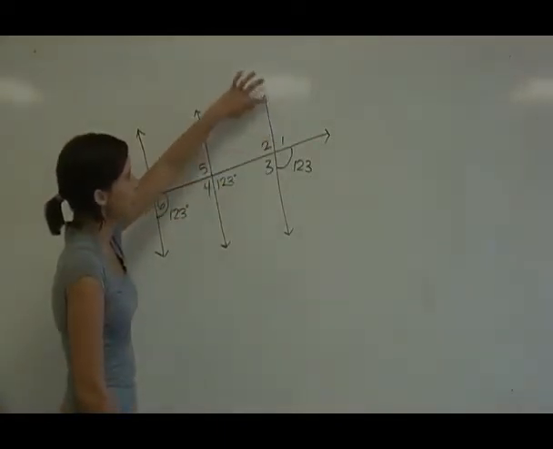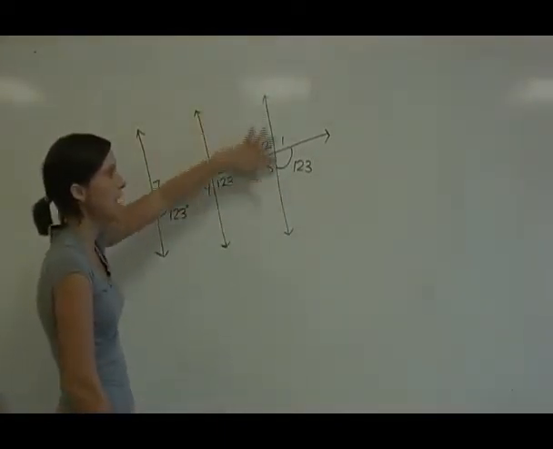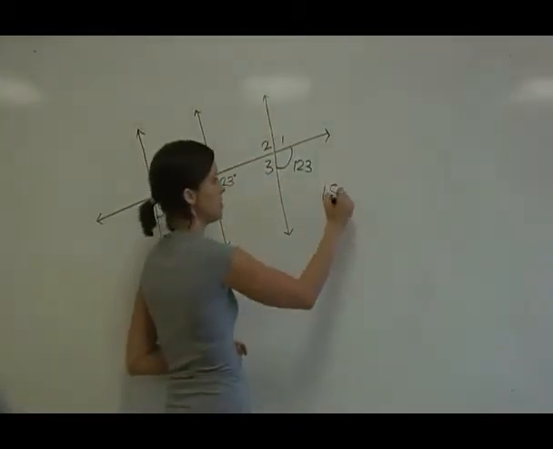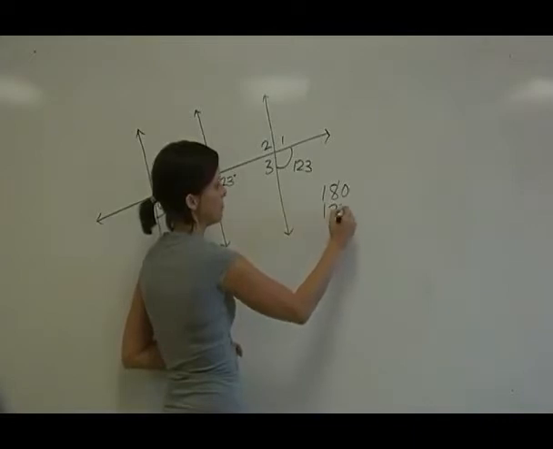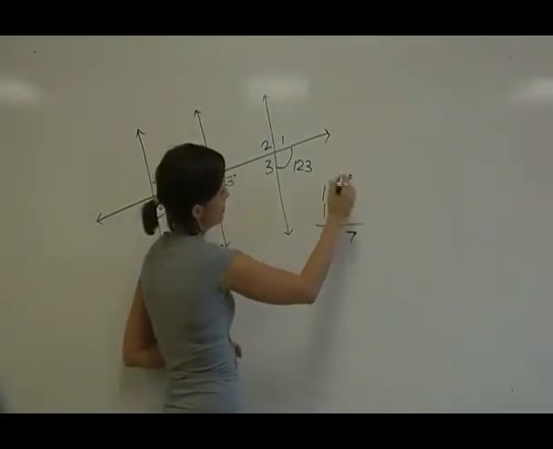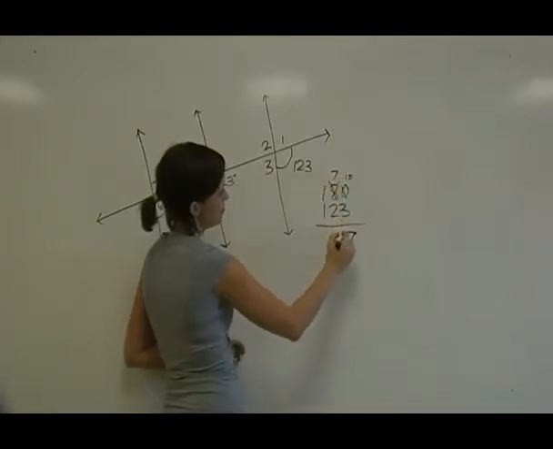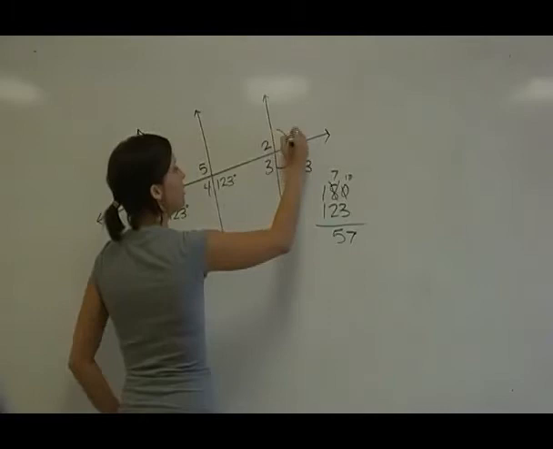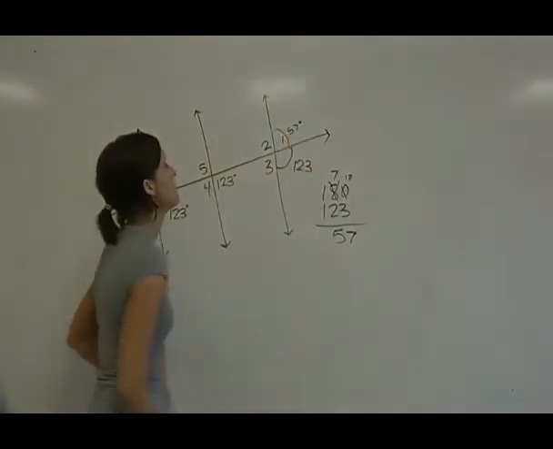And then if you have a straight line here, which equals 180. So to find angle 1, all you do is subtract 123 from 180. That's 7. 7 from 2 is 57. So we have 57 degrees. So angle 1 would equal 57.